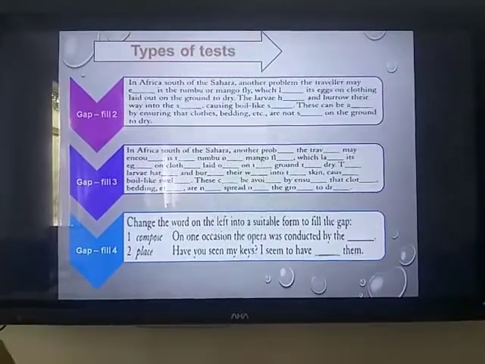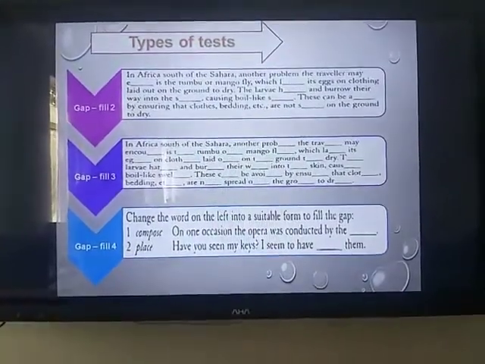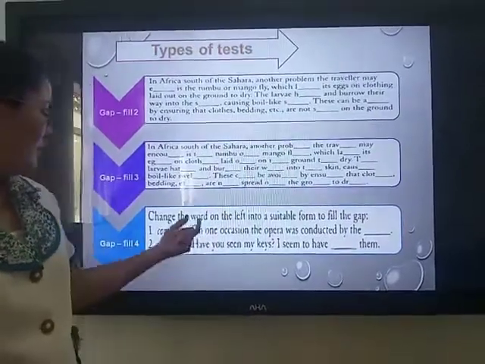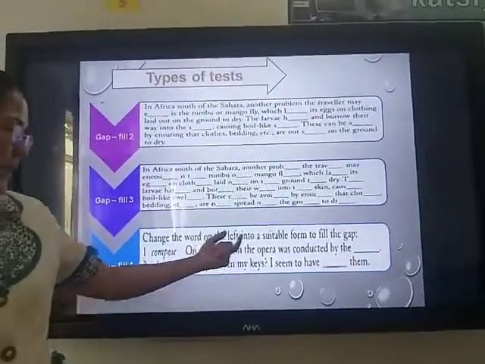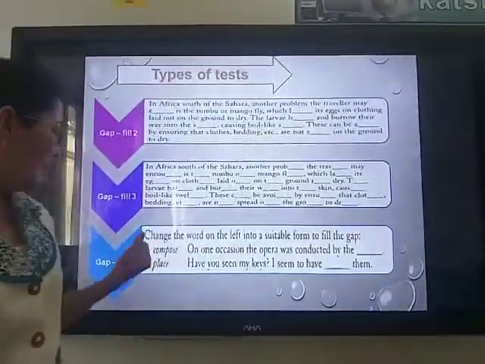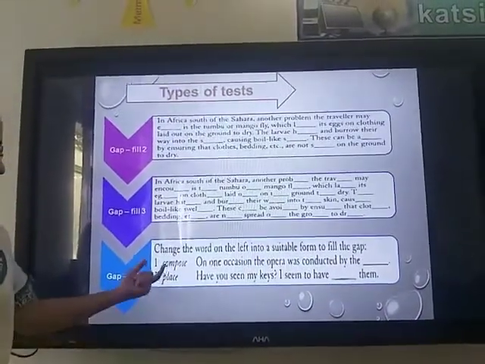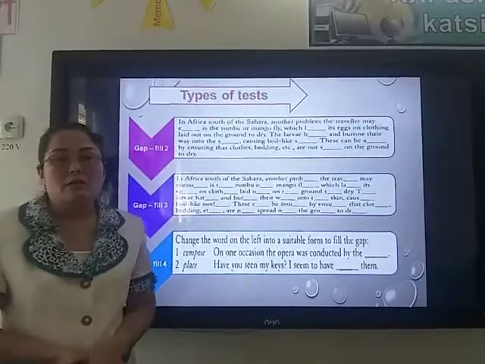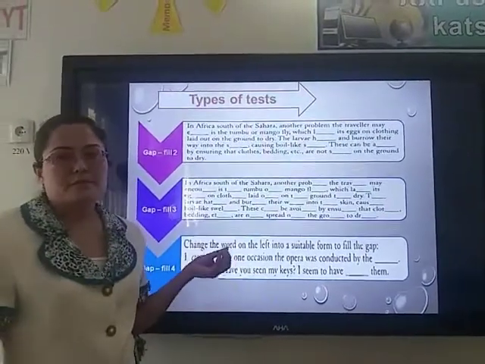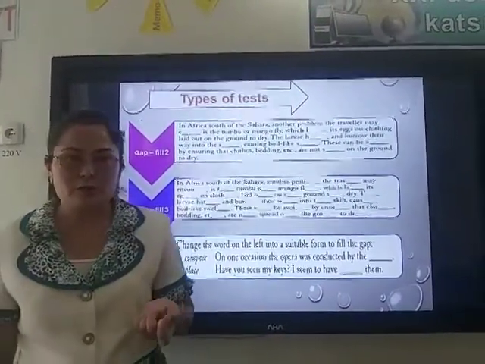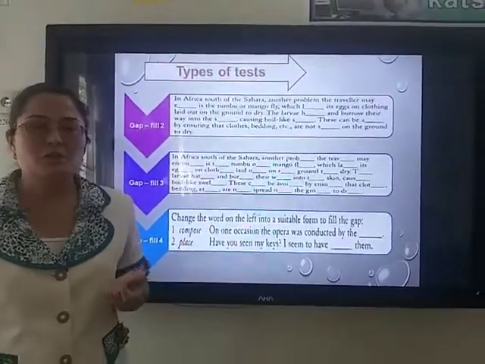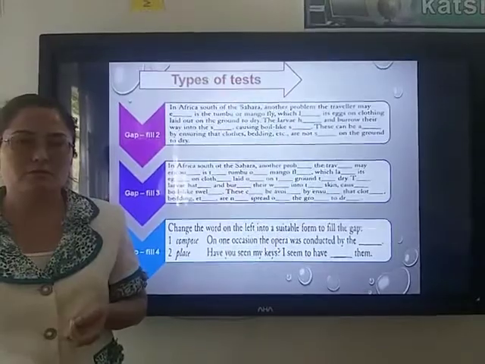In this type of test, students must know the derivation of the word. Instead of compose, you can make composer, compositor, etc. But all these types of testing are arguable, whether they are reliable for testing students' knowledge of vocabulary.